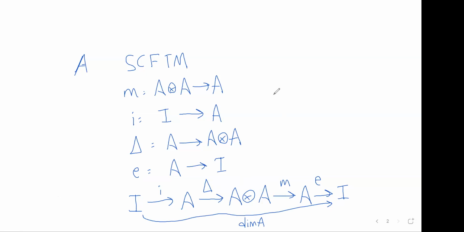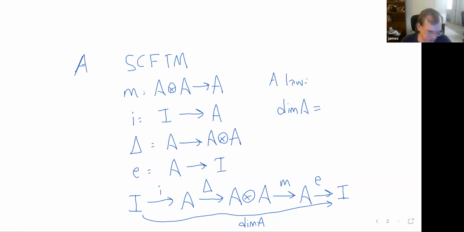And so then there's an extra law one can impose on top of the laws of a special commutative Frobenius tensor monoid: you can try to demand that this dimension is any particular endomorphism of the unit object. If you pick a weird number, that could give interesting results, maybe.